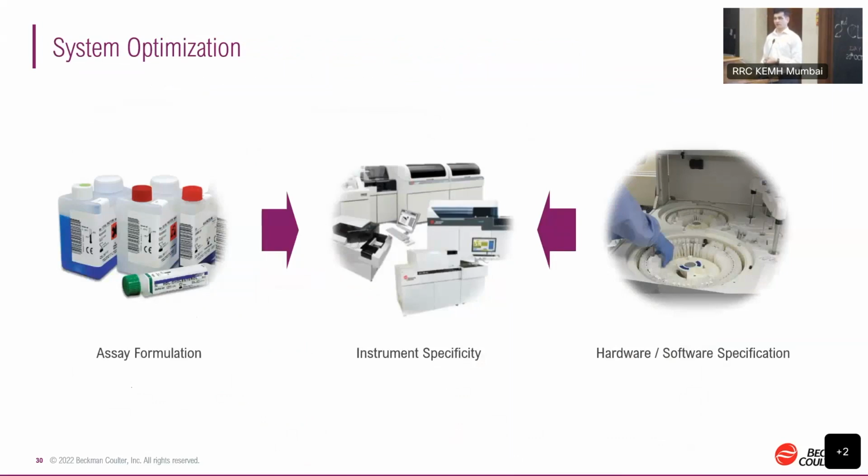It may be mandated by some government bodies, but how can it impact our performance? We develop our analyzer and we validate our assays according to our input. We have designed our assay formulations according to our analyzer specifications, and we have validated that. We validated that one parameter is not interfering with other parameters.